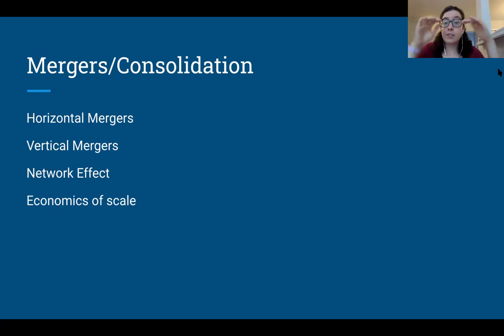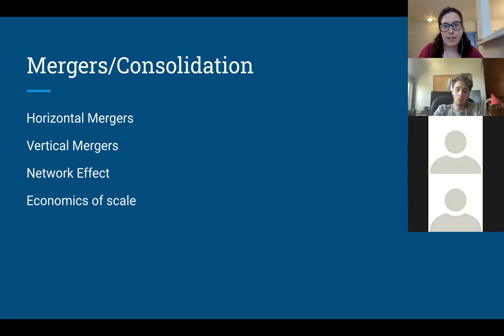Horizontal mergers are where you buy out everyone in your competition, right? So think of T-Mobile and someone else. I had this and I forgot. I should have written down in my notes that they merged into a single cell carrier. That is a horizontal merger. You start buying out your competition.